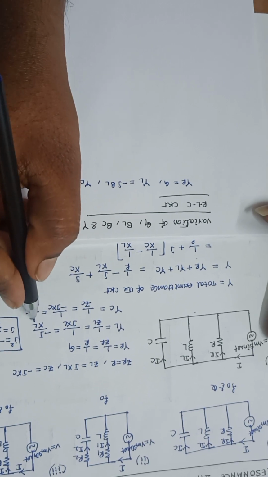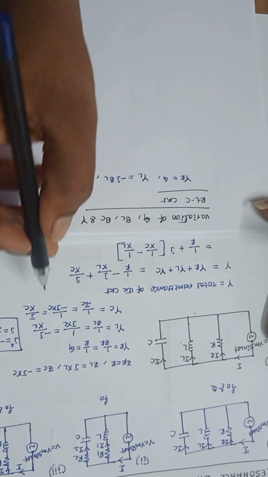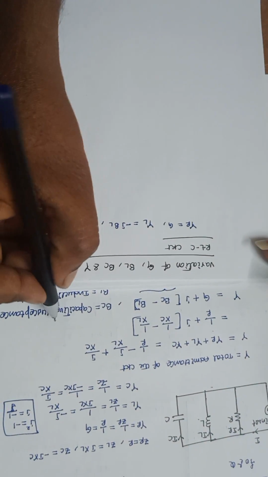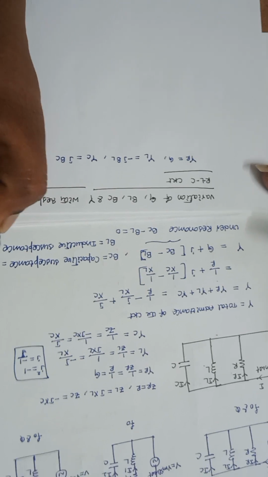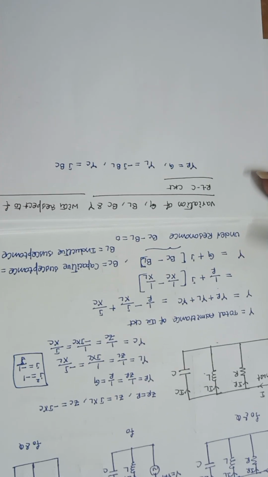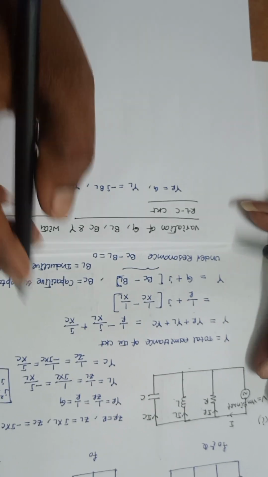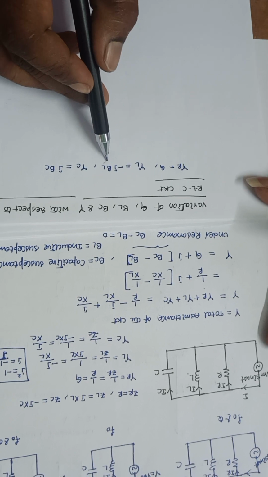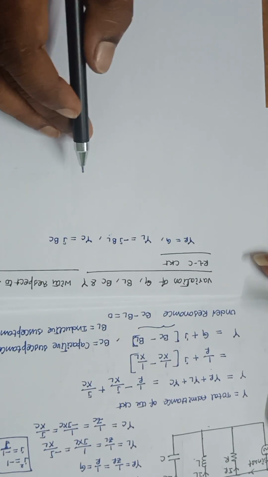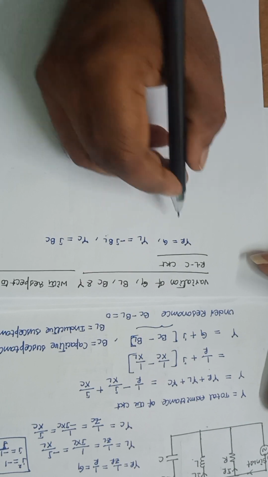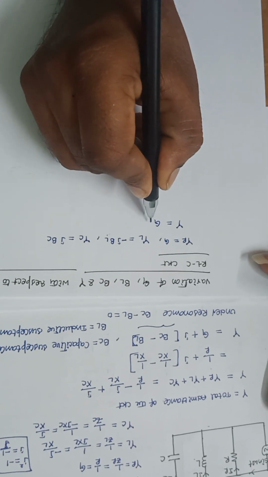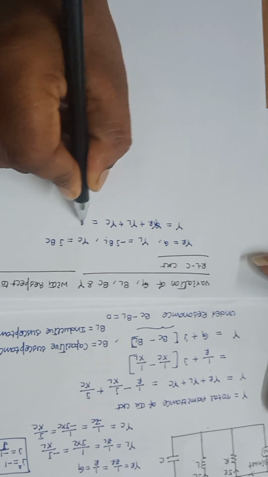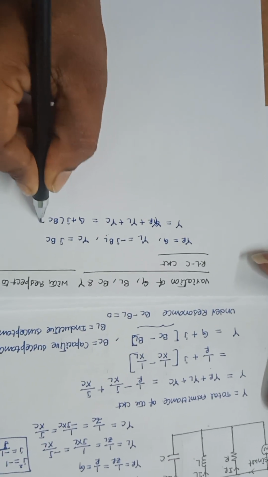Here minus J into 1 by XL is BL, where BC is equal to 1 by XC and BL is equal to 1 by XL. Similarly J by XC like this. Next, the equivalent Y is equal to YR plus YL plus YC, that is equal to G plus J into BC minus BL.